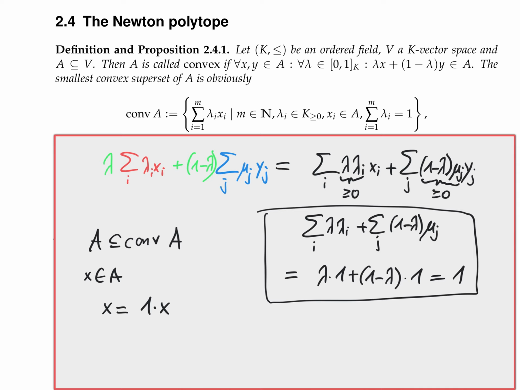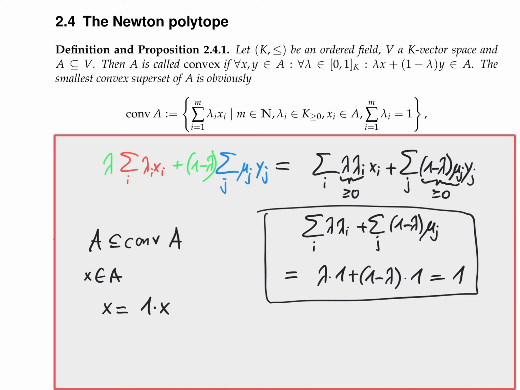This is trivial for convex combinations of just one element. So if m is 1, then it's trivial. For m equals 2, that's basically exactly the definition of convexity, because this is an arbitrary convex combination of two elements, looks exactly like this.